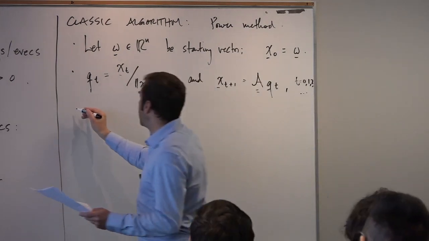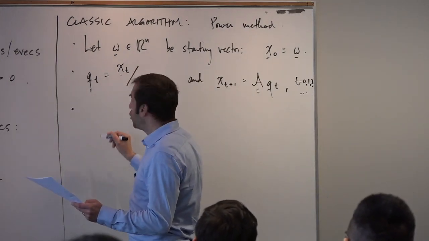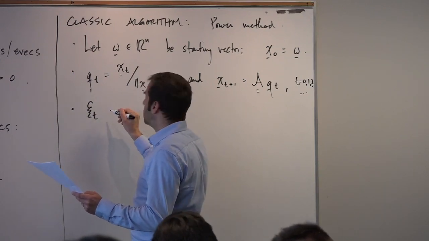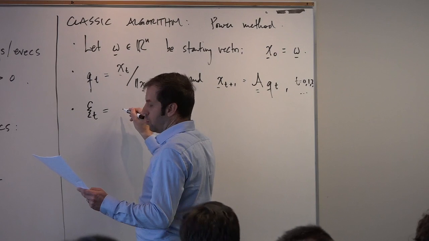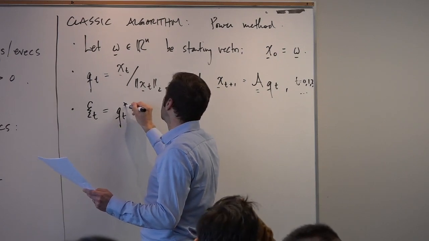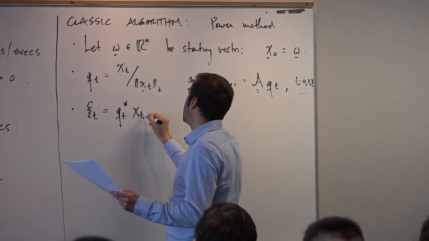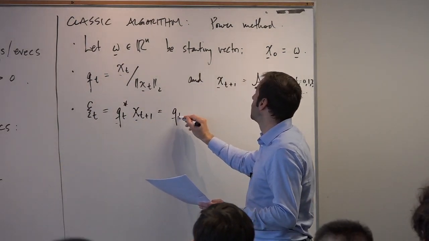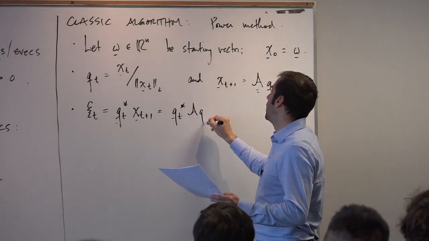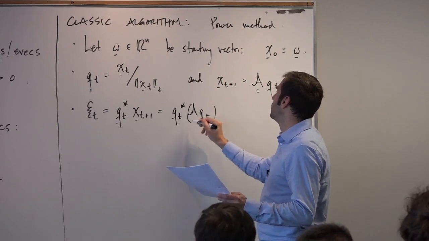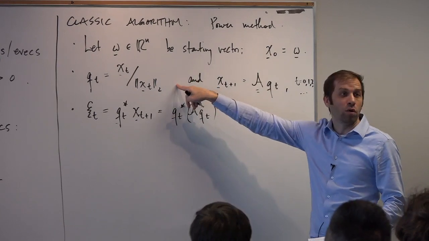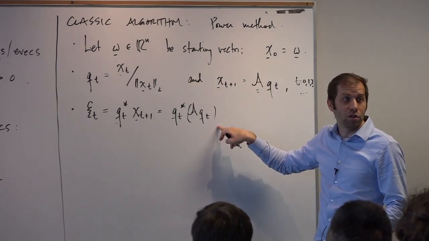And how do we get an eigenvalue estimate from this? We compute the estimate as the inner product of qt with x(t+1), which has this explicit form. So it's the quadratic form in qt. Because qt is always normalized, this is a Rayleigh quotient.